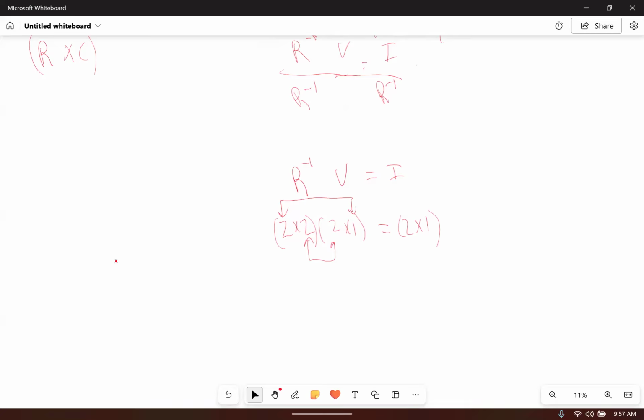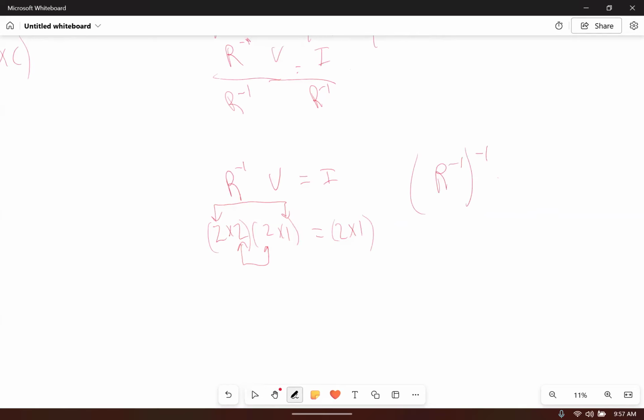When I take the inverse of R, it has to be a square matrix, and the result is going to be a 2 by 2 matrix.